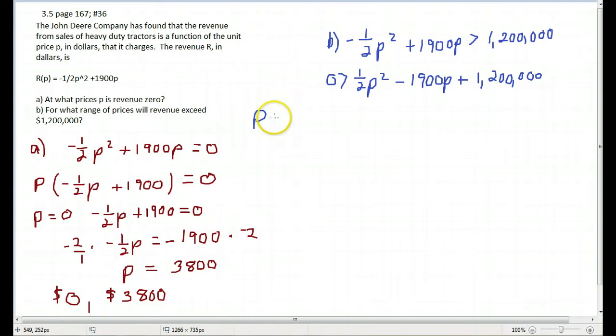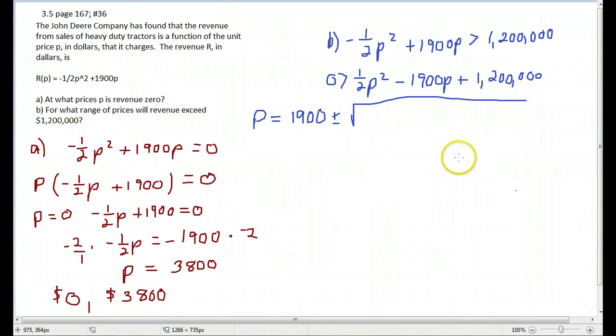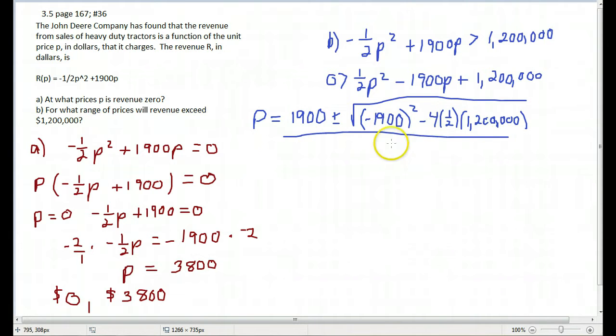So, P equals 1900, because we have to change its sign, because it says negative B. So 1900 plus or minus the square root of b squared, so negative 1900 squared, minus 4 times a, which is 1/2, times c, which is 1,200,000, all over 2 times a. Well, a is 1/2.